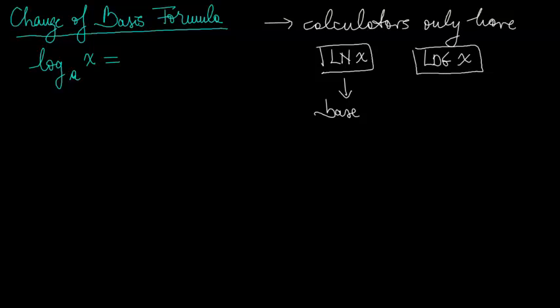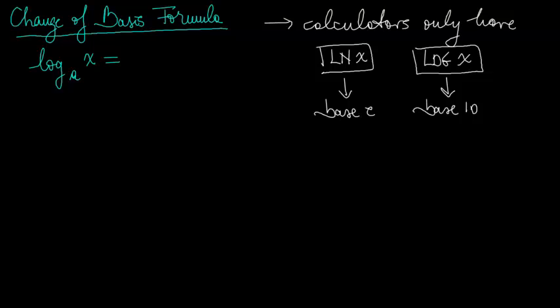So we can only compute base e and base 10 logs using our calculators. And there's a reason why you don't really have log base 2 of x also as a button, because you can use this change of base formula to go from a log base, say, 2 to a log base 10 or e.